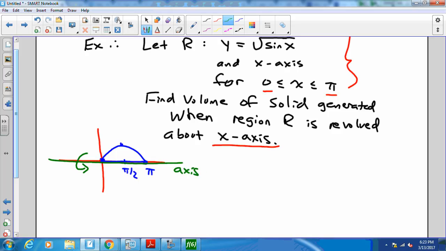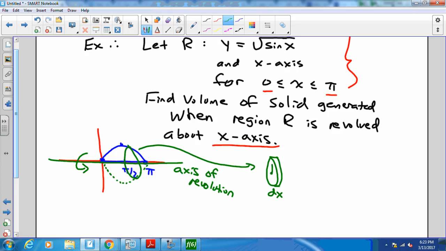Now we're going to take our region and we're going to revolve it about the x-axis. So this is our axis of revolution. And that causes this entire region to swing out and around so that it forms disks as it goes. And my disks are going to look like this.